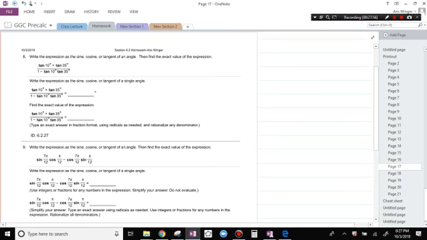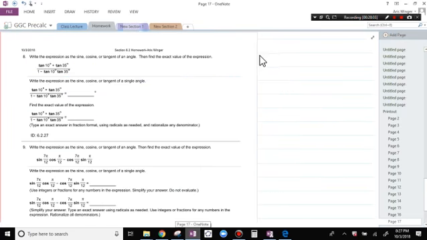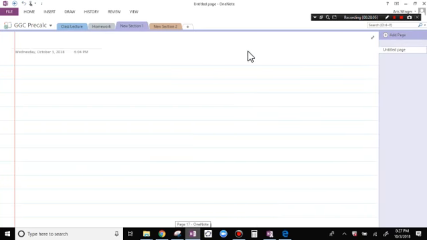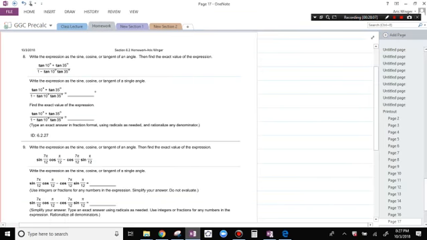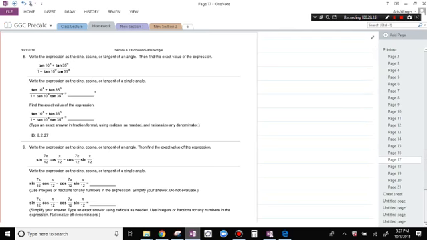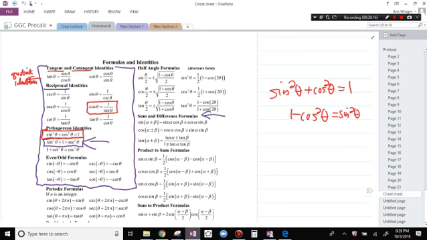Okay, so then there's one more identity for sum and difference, and it's on the cheat sheet. There's one for tangent. Here it is.